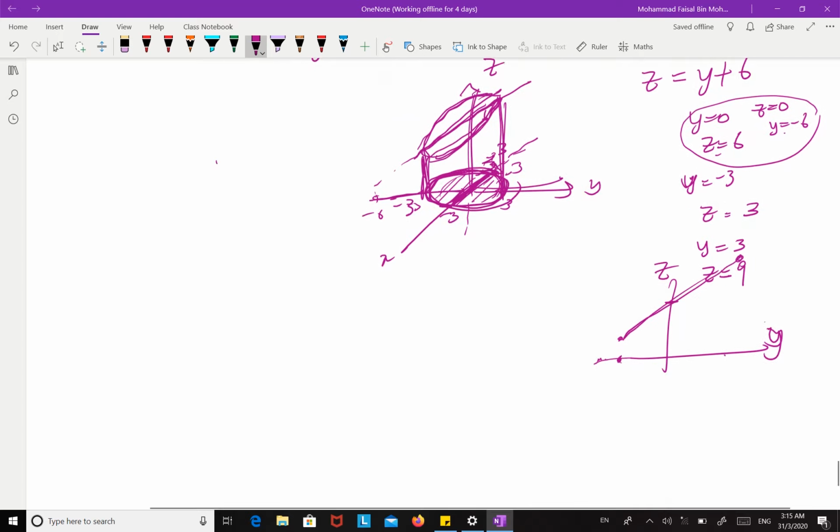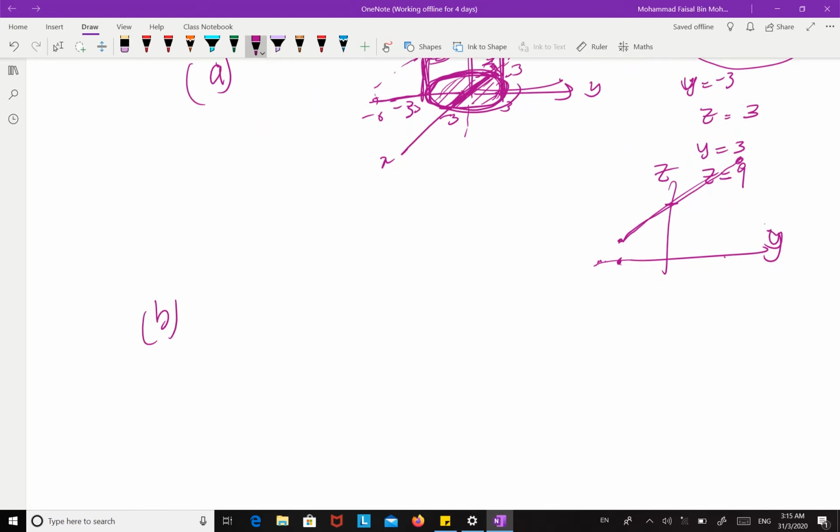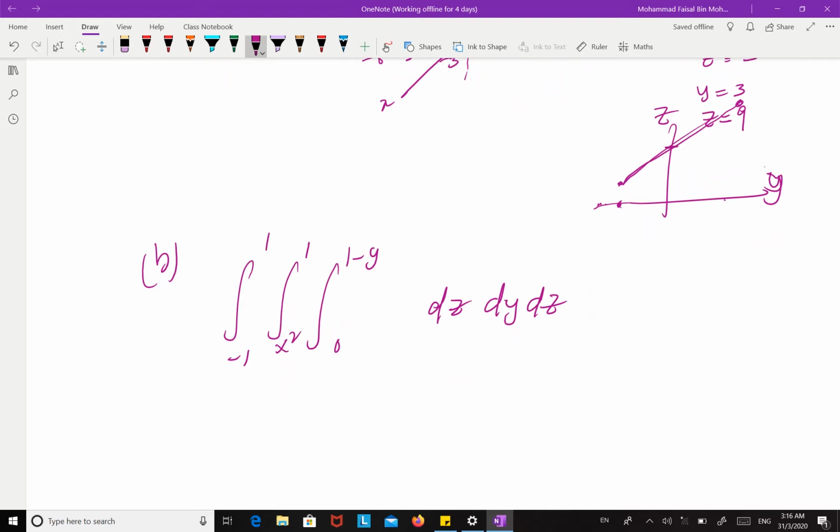Another one, 4B I think. Okay, 4B will be a triple integration. They give you the limits, they ask you to sketch. dz dy dx, then we have x squared here, and x is negative 1 to 1.